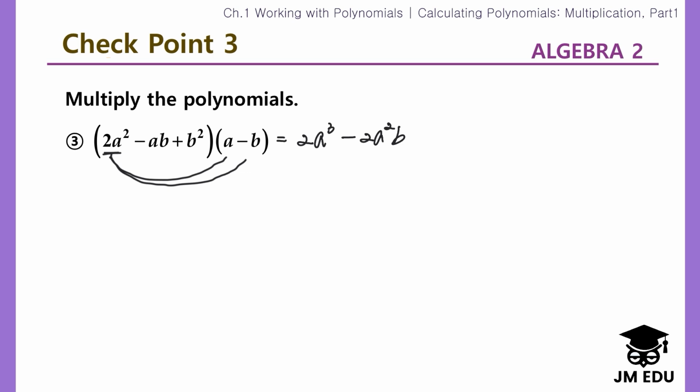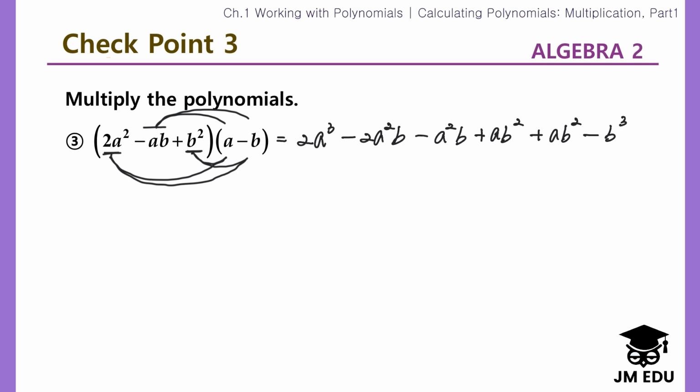Now, starting from minus ab times a, that's minus a squared b. Minus ab times minus b, that's plus ab squared. Last, from b squared, we have b squared times a, so that's a times b squared. b squared times minus b, that's minus b cubed.